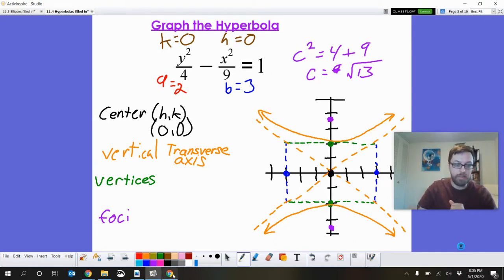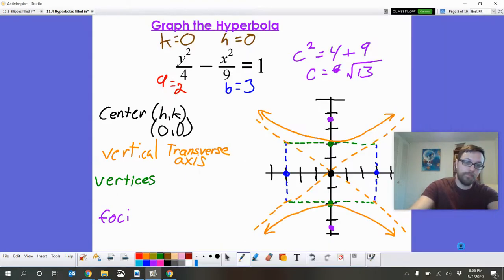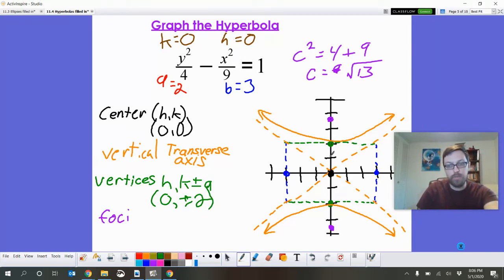Our vertices are going to be located at (h, k plus or minus a). Our h is 0, our k is 0, so plus or minus a is plus or minus 2. So you can see our two vertices here. One is 2 up from our center, and one is 2 down from our center.